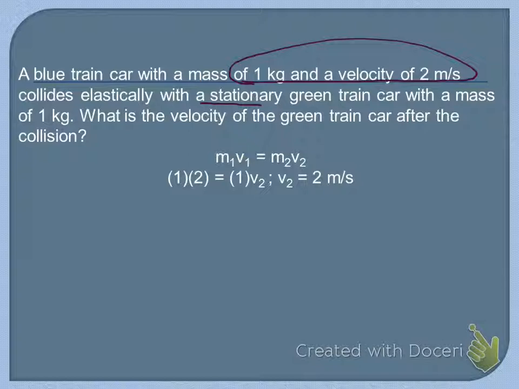Whenever you have an elastic collision where one object is stationary and the other collides with it, you'll see that the one that was moving will sometimes come to a stop, and that's going to be the case here.